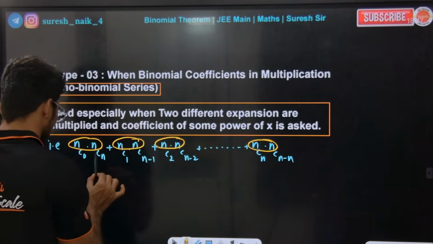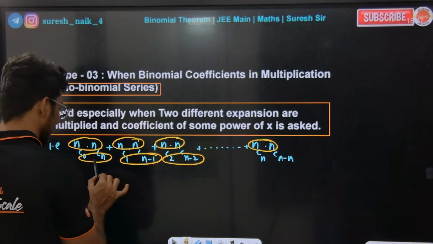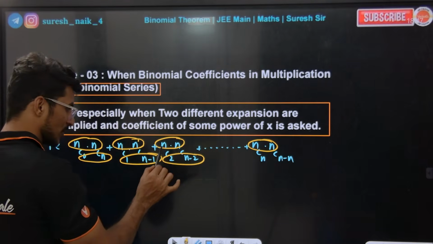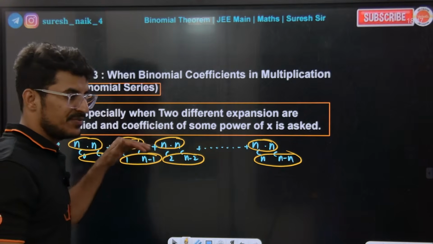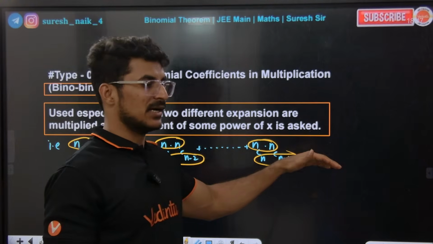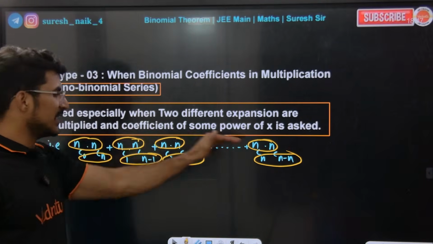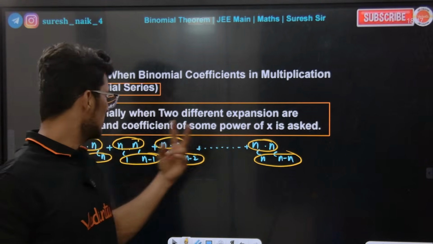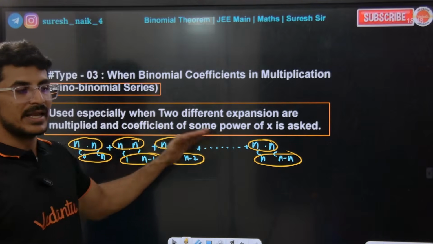Every term has upper suffix sum 2n. Every term's lower suffix sum is n: 0 plus n, 1 plus n minus 1, 2 plus n minus 2, and n plus n minus n. Every term's upper suffix is a constant, 2n here, and the lower suffix sum is n.